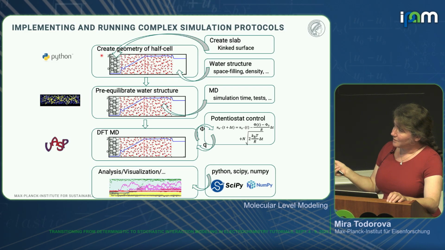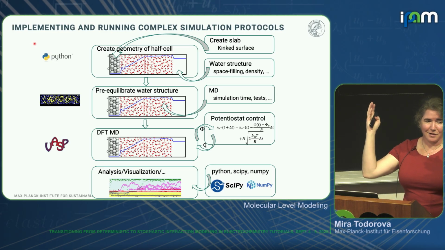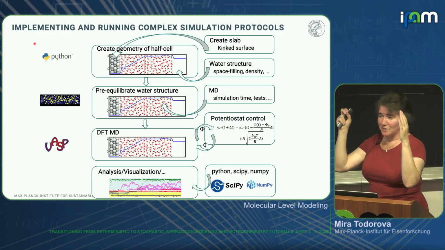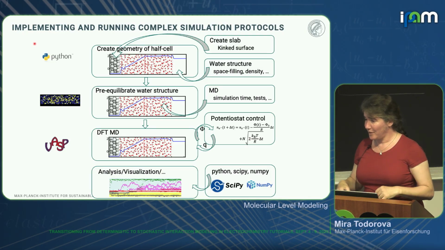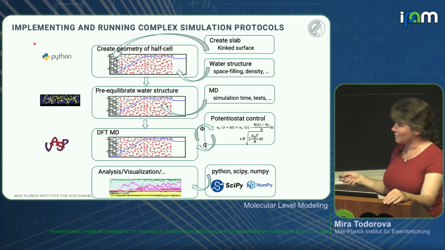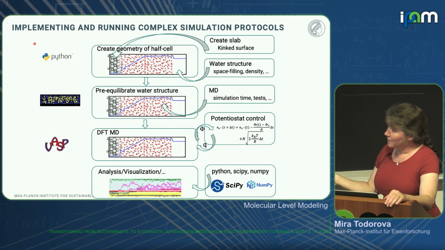For this, usually we use Python. You probably remember that we set up our water structure by just putting water molecules in a simple cubic arrangement, which is obviously not a water structure. So we need to pre-equilibrate it, and this we do at the level of some kind of TIP3P water typically.